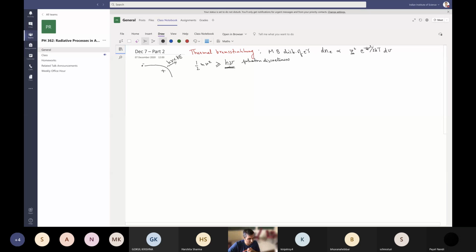So the number of photons has to be very small at this frequency. So this is a quantum effect, because we are using the energy of a photon to be h nu. If you have a frequency nu, a single photon will have energy h nu. It cannot have less than this. So if the energy available is less than that, you cannot create such a photon.